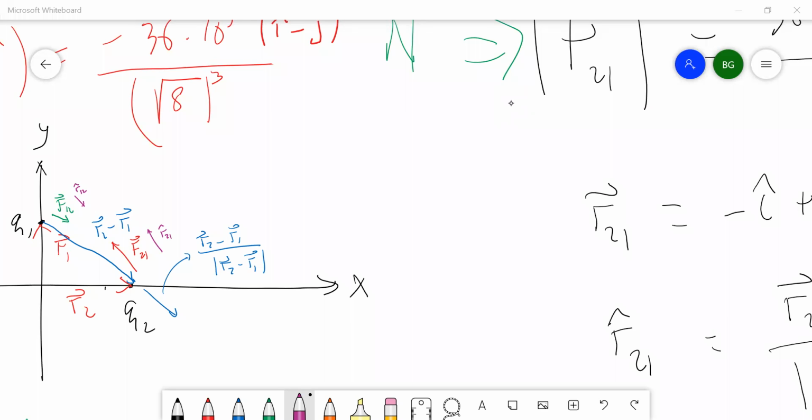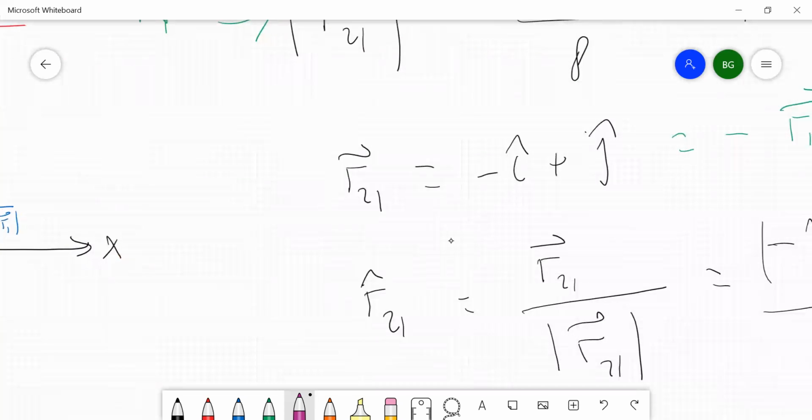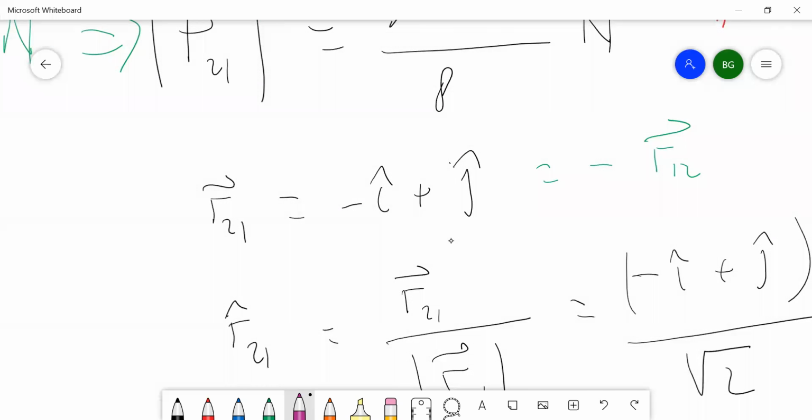If you have this in a test or exam, you should get a full score in this case. Any questions or comments? Yes. I just want to make sure the right side is minus i plus j, right?